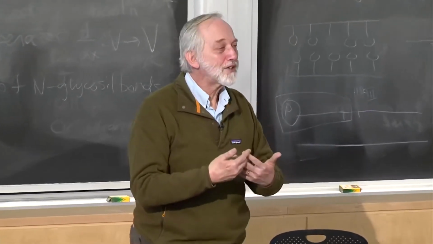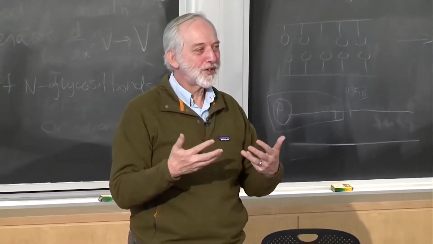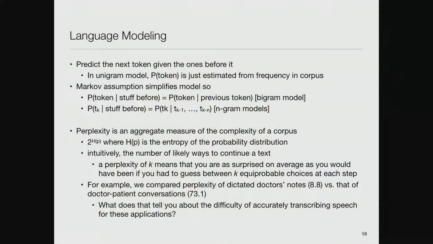So we don't know how to do either of those very well. And so the contemporary idea about language modeling is to say, given a sequence of tokens, predict the next token. Okay? If you could do that perfectly, presumably you would have a good language model.